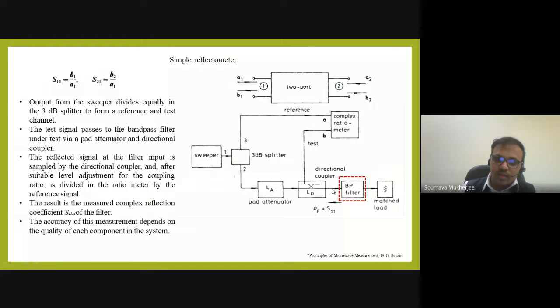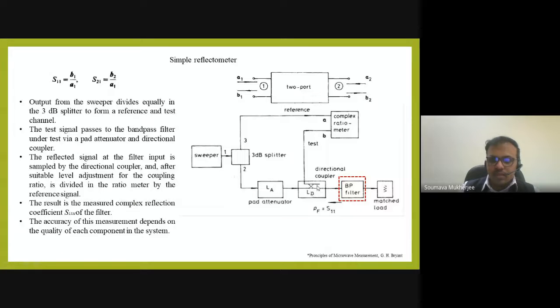So this reflected one is B1, and the incident, which is here and here, is the same. So we know that that is A. So B by A, in a complex ratio meter, will give us the value of S11. That's the thing. Okay, we are utilizing this directional coupler coupling mechanism. We could have directly tried to do that, but then that will be a 3-port network, so it will create a problem.